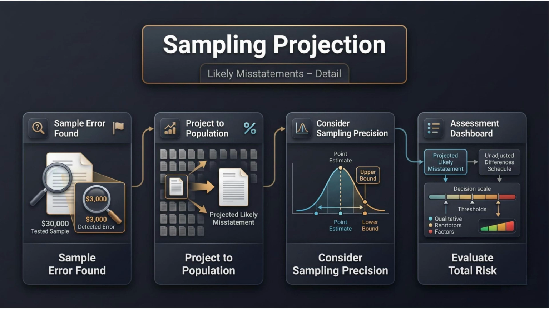A sampling projection may occur when errors found in tested items are projected to the full population. Likely misstatements are not imaginary, they are evidence-based estimates of misstatement. They belong on the unadjusted differences schedule and must be evaluated along with known misstatements.